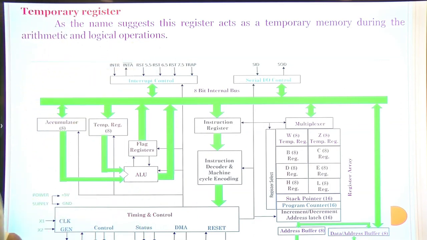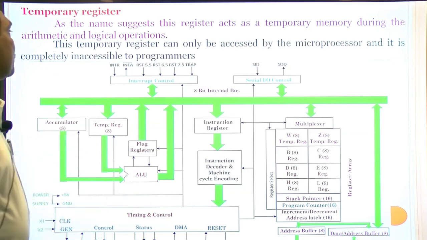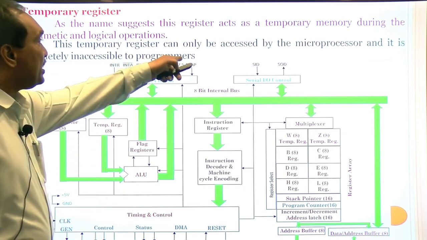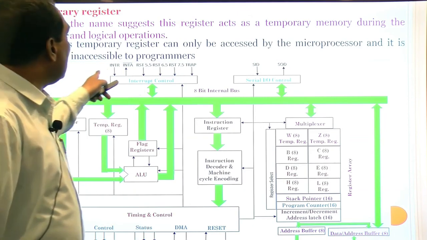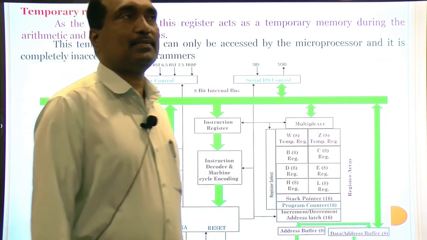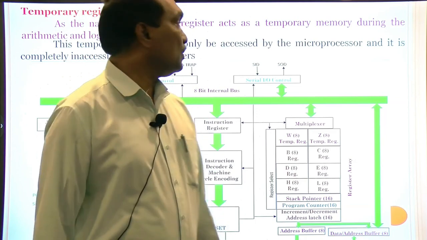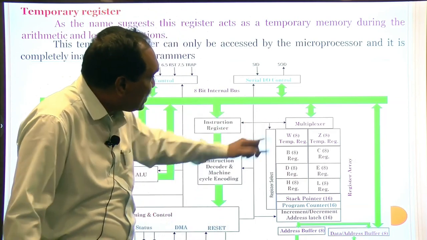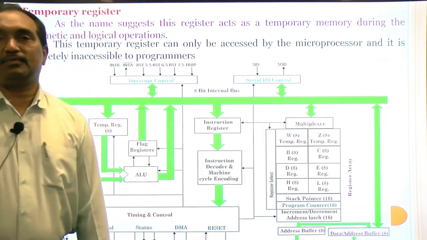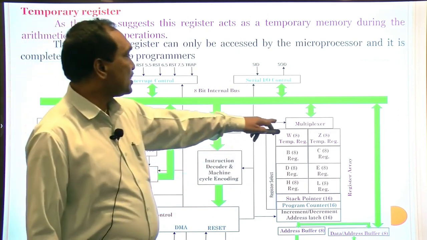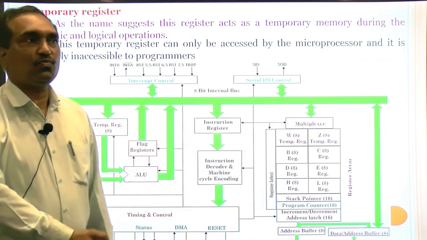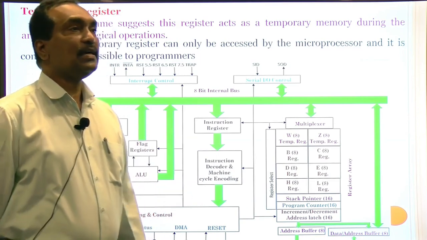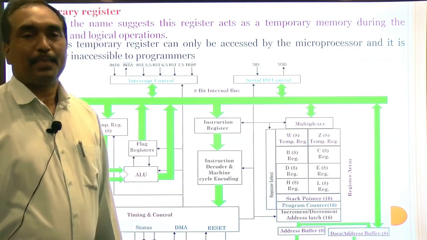These temporary registers can only be accessed by the microprocessor, and are completely inaccessible to the programmers. Not only these, even the W and Z registers we already discussed. These two registers are also not accessible to the programmer, and are only used by the microprocessor for its own operations.